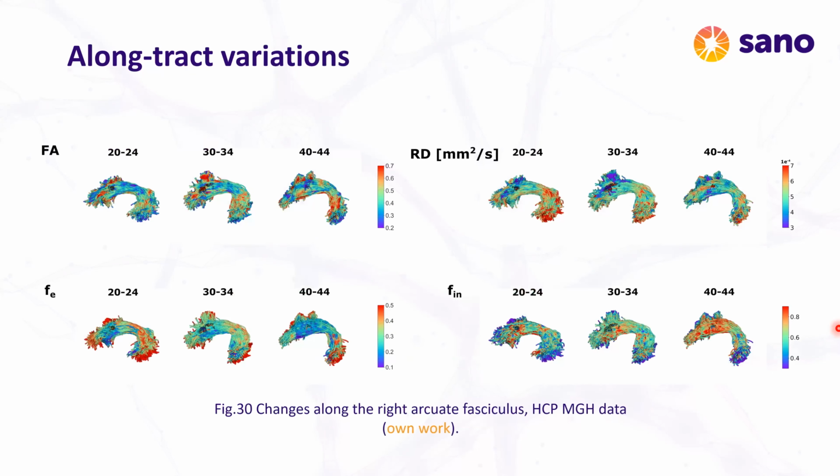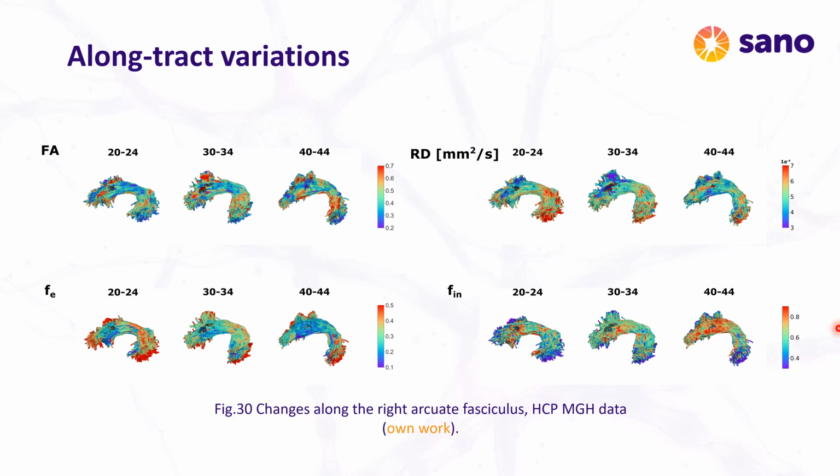Already in the qualitative analysis, several characteristic dependencies can be observed. The trend of changes in a single microstructural parameter is not the same over all of the fiber bundles, but in subsequent age groups, the nature of changes in parameter values is nearly the same, while the range of values changes.